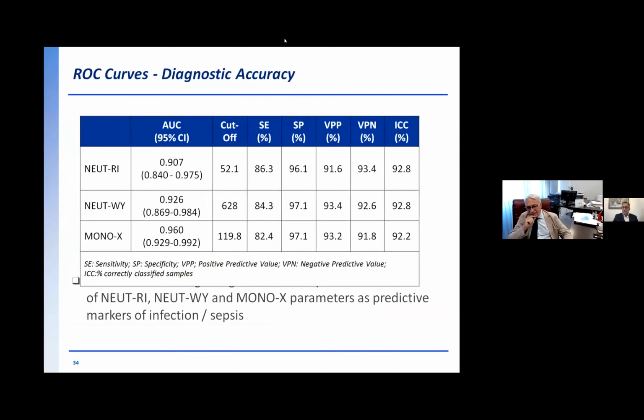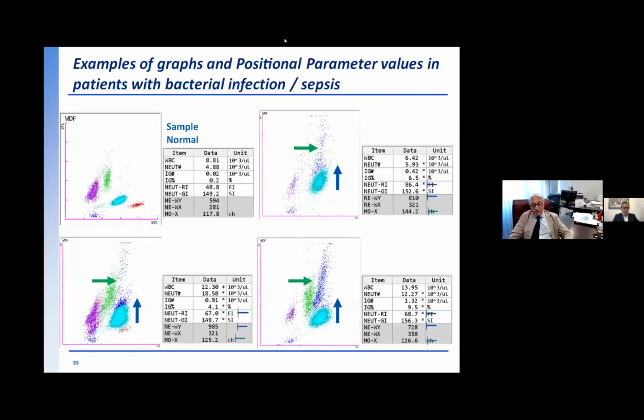This is the fluorescence of neutrophils with a sensitivity of 86 and 91.6 as for VPP, negative predictive value the same, and the fluorescence predictivity, high specificity, a good level of sensitivity, high sensitivity as for negative predictivity, complexity as well of monocytes. And excellent results have been obtained, and this is what we obtained.